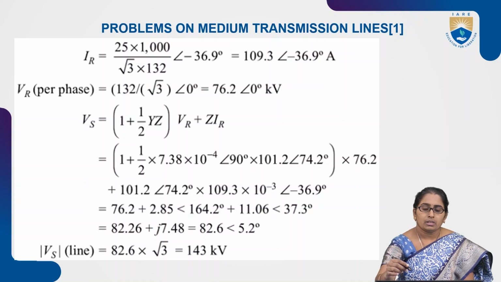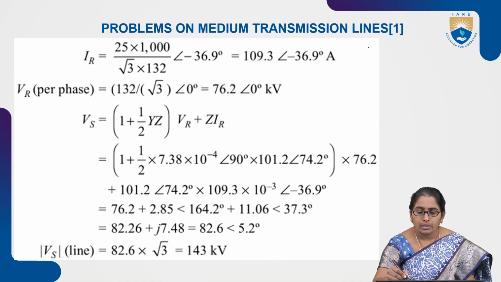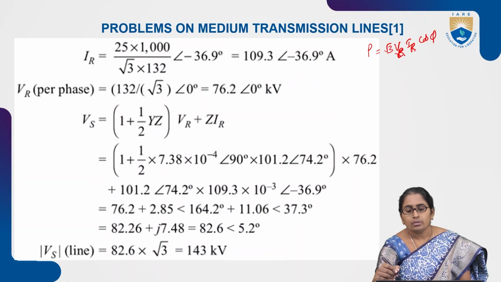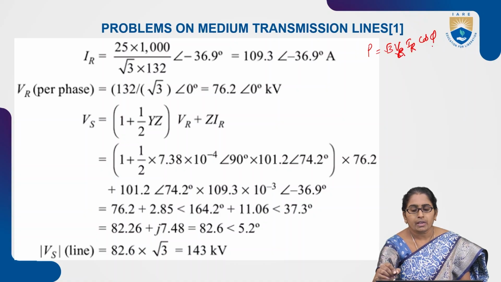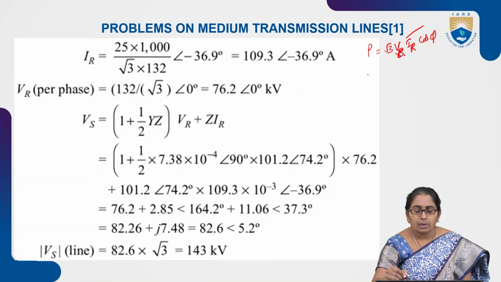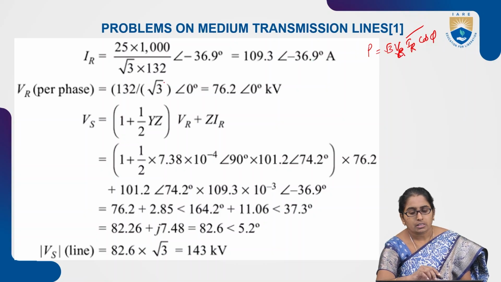Using that data we can calculate the receiving end current. The power expression for a three phase line is P equals root 3 VR IR cos phi. We want IR, right? So IR becomes P by root 3 V cos phi.